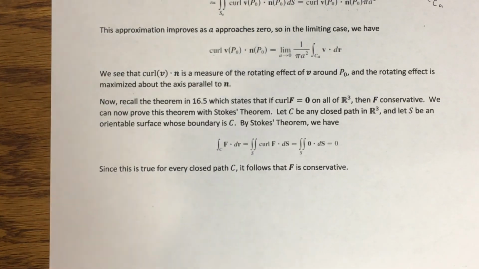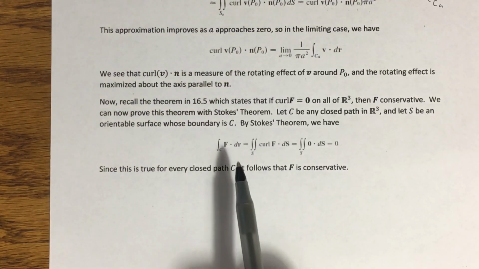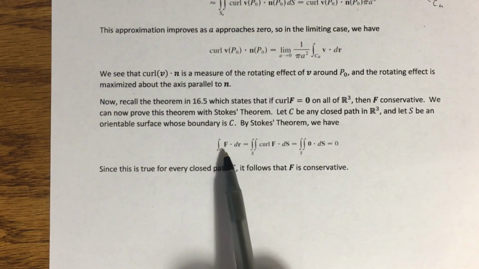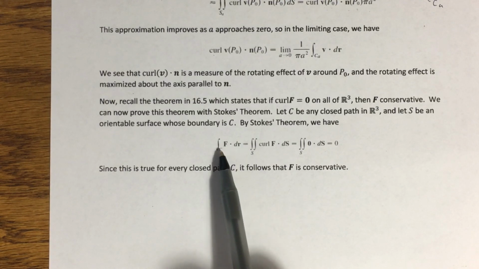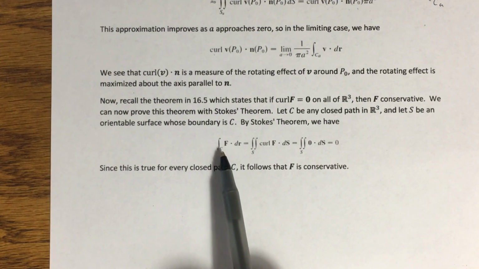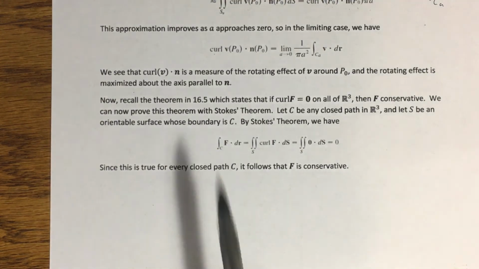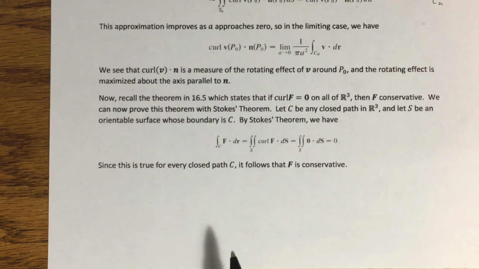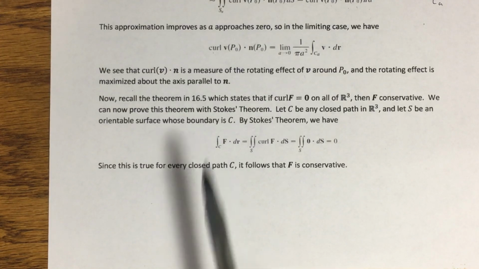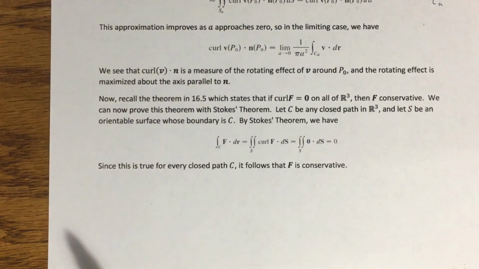We had a theorem before this one that said that if the line integral of F dot dr along every closed curve in the domain of a function is equal to 0, that would imply that F is conservative. So that gives us the result that we're looking for, because that curve C was chosen arbitrarily.